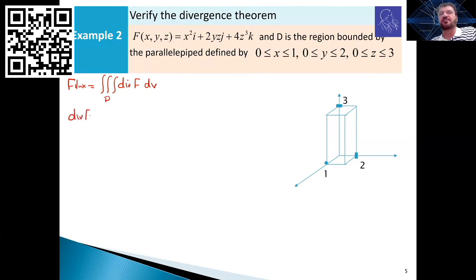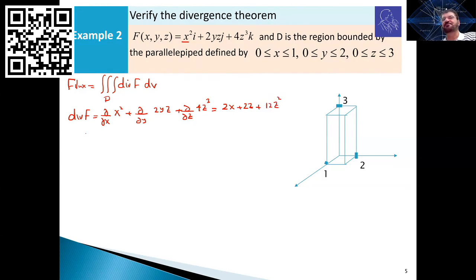Divergence of F is the partial derivative with respect to x of x squared plus the partial derivative with respect to y of 2yz plus the partial derivative with respect to z of 4z cubed. And this is equal to the derivative of the first one is 2x. The derivative of y is 1. I'm left with 2z. And the derivative of the last one is 12z squared.